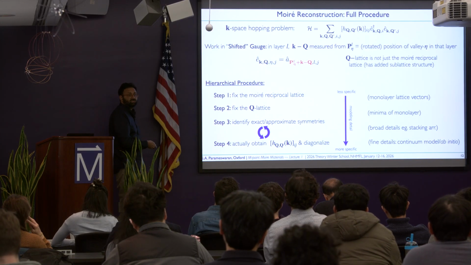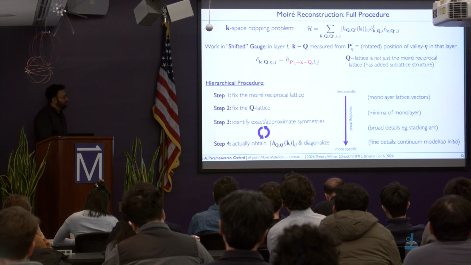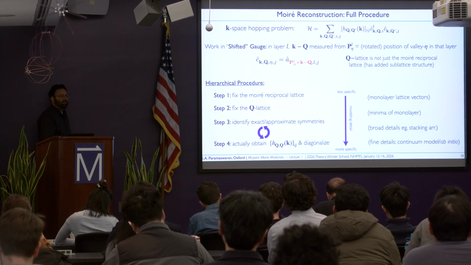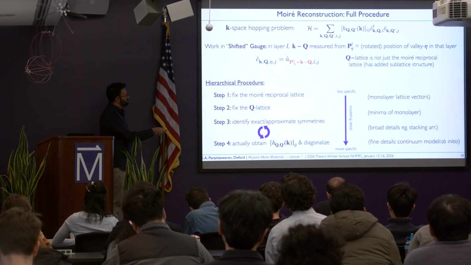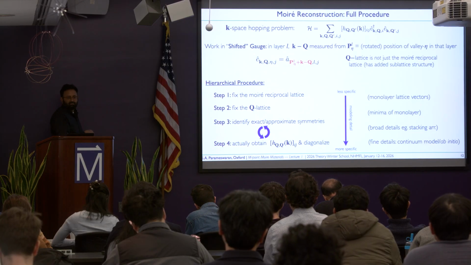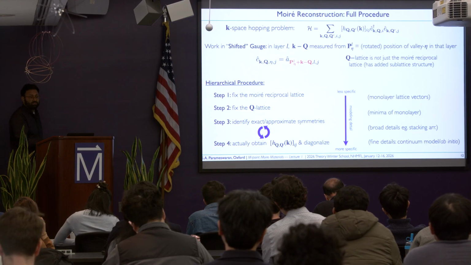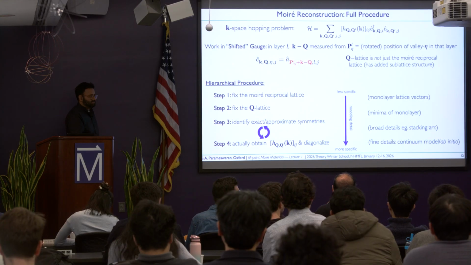And to actually get H_QQ prime, often you need some input from ab initio or some other way of computing interlayer tunneling matrix elements. So if you're thinking in general terms, this is the protocol that you'd follow in going from thinking abstractly about a material all the way to computing its band structure. Okay? So I'm just going to go through these steps in turn.